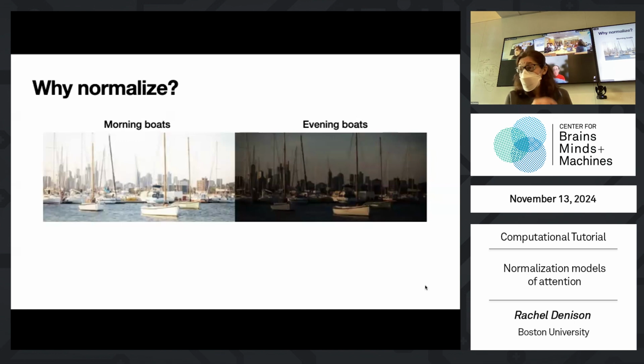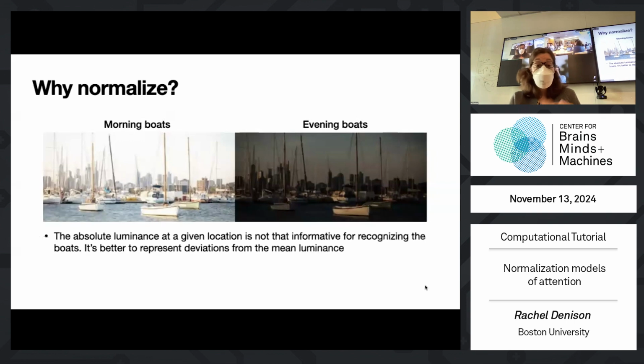So if you're trying to get your computer vision system to see these as identical, you're going to have to deal with the overall level of illumination, right? And that is basically the motivation for something like normalization. The absolute luminance at a given location is actually not that informative for recognizing the boats. What's better is to represent the deviations from the mean luminance. And this is something that's so intuitive and natural to us, right?